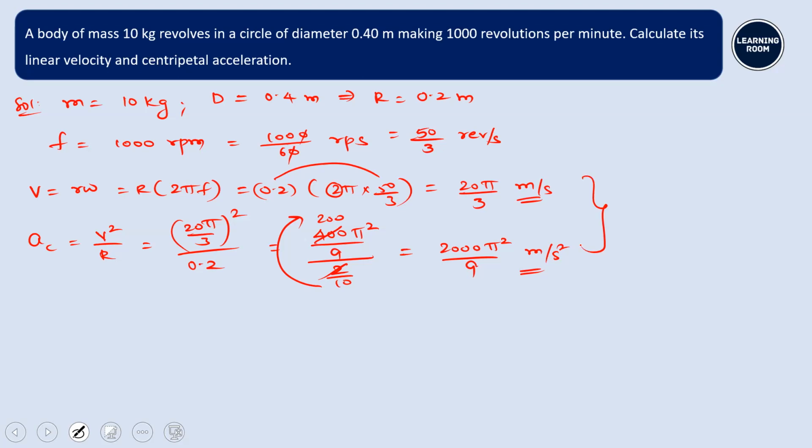But if you observe, the mass of the object is not needed; it is given only to confuse. For example, if I modify this question and ask for centripetal force instead of centripetal acceleration, then you find the acceleration and multiply with mass according to Newton's second law. At that point it will be useful for us. Here it is of no use.